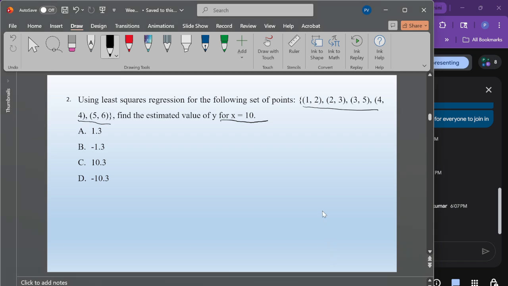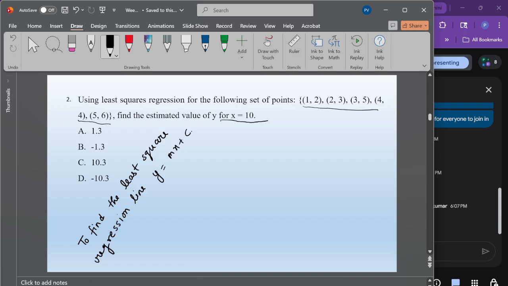Okay, so let's see the solution. I will solve it here. First, to find the least square regression line, we need to fit the straight line equation, that is y is equal to mx plus c, as we know that.